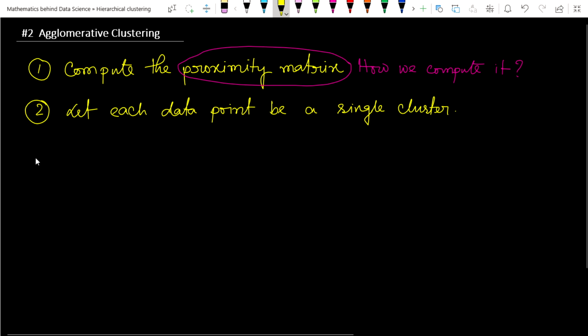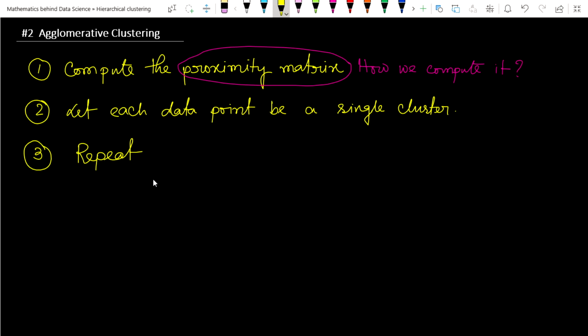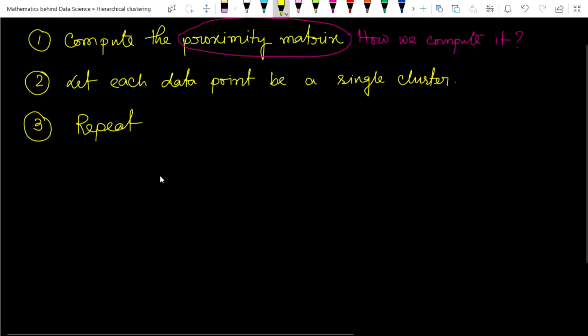Okay. Now after the initial stage, we have to make some loop. So what is the loop? The third step, we have to make some loop. The loop is like this: repeat. We have to repeat. For what? First, we have to merge the two closest clusters.